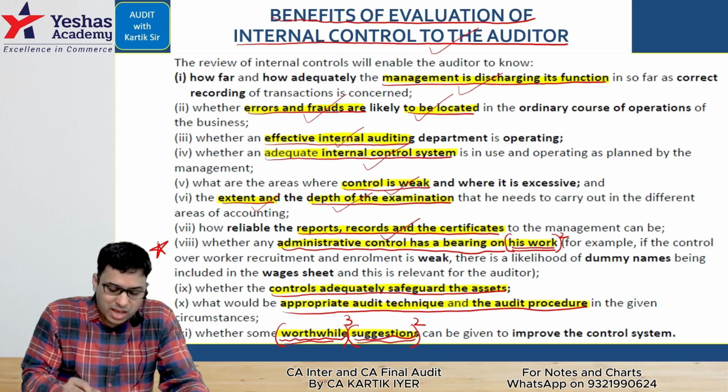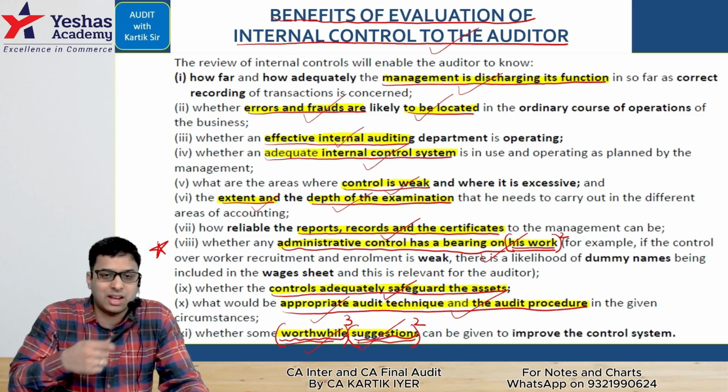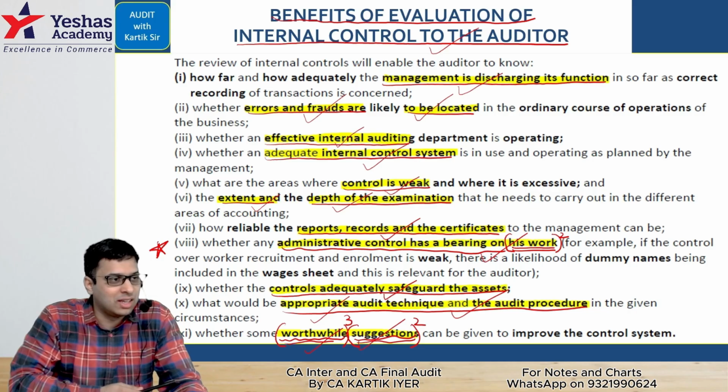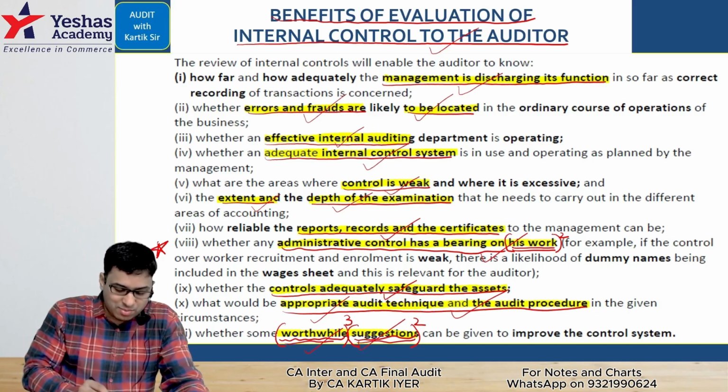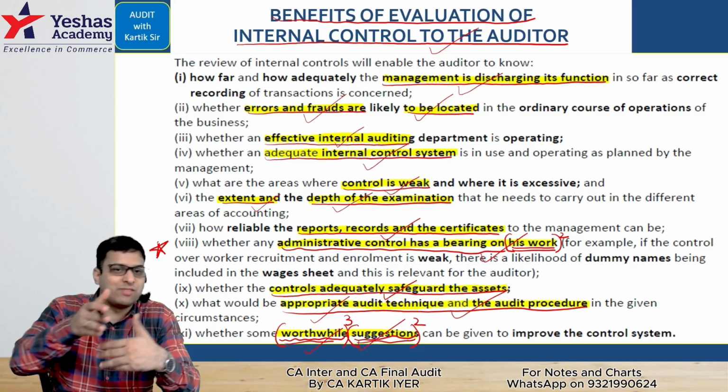Administrative control has a bearing on his work. His work controls adequately, safeguards the assets, appropriate audit technique and audit procedures, worthwhile suggestion. Sare Jahan Se Accha, Hindustan Hamara. It goes in that flow.